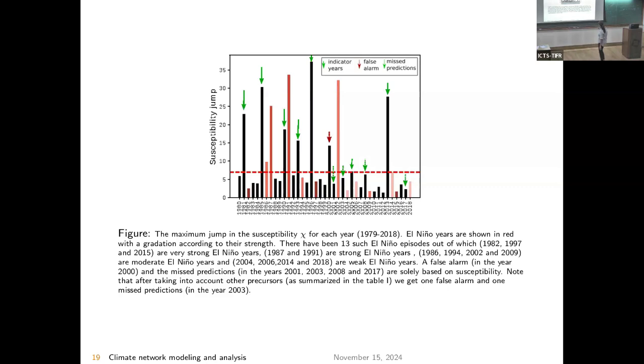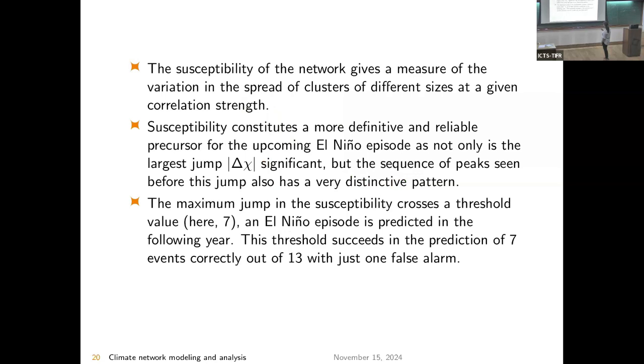So we have two missed predictions and one false alarm, but mostly we were able to predict the El Nino year, which is coming in the next year.